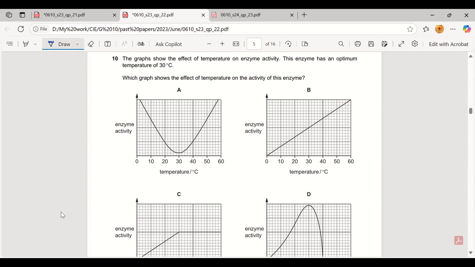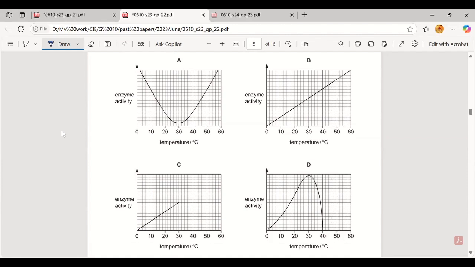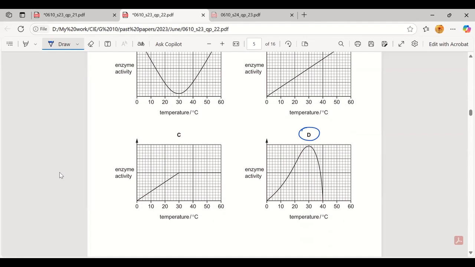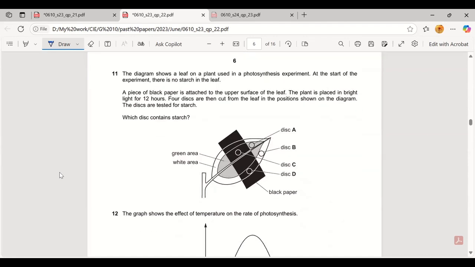Which graph shows the effect of temperature on the activity of this enzyme? طبعا حلا. D. Yes. طبعا this is a typical graph for the effect of temperature on the enzyme activity.